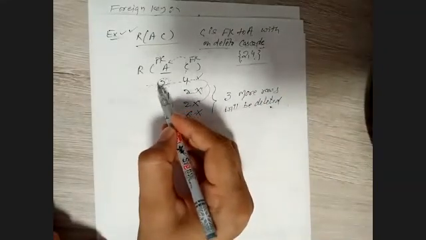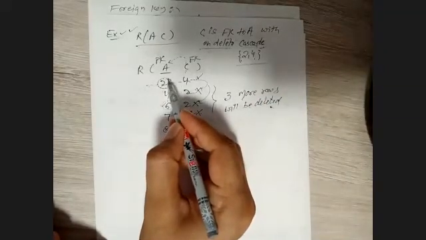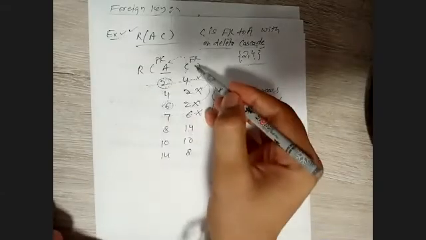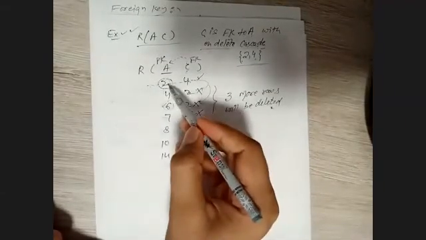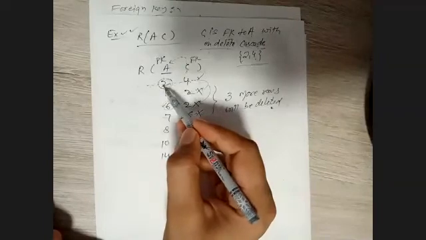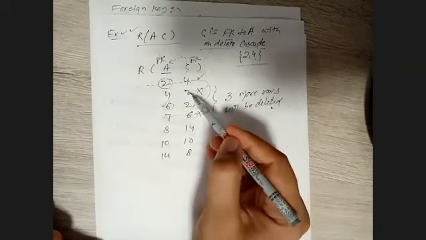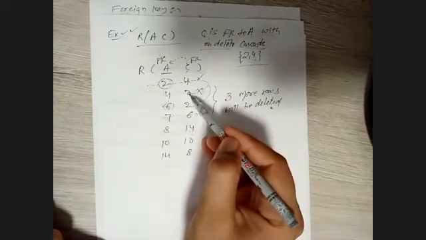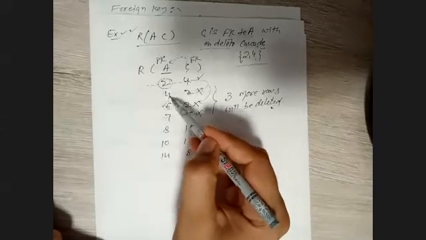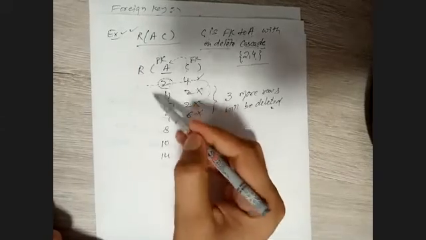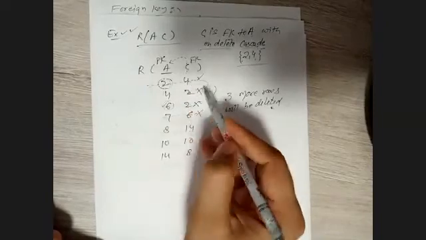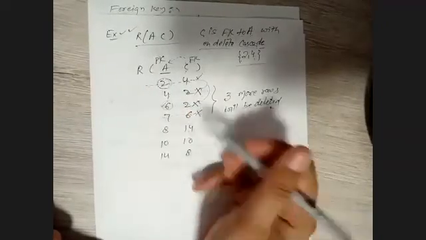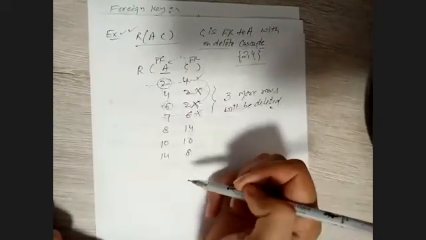You need to see the primary key part here. If you're deleting 2, then in the foreign key, all the values which are referencing 2 should be deleted. For example, see this one. This is saying that 2 is related to 4 of your primary key, but this table is saying I have no 2. So this should be deleted here. The same goes for here as well, right?